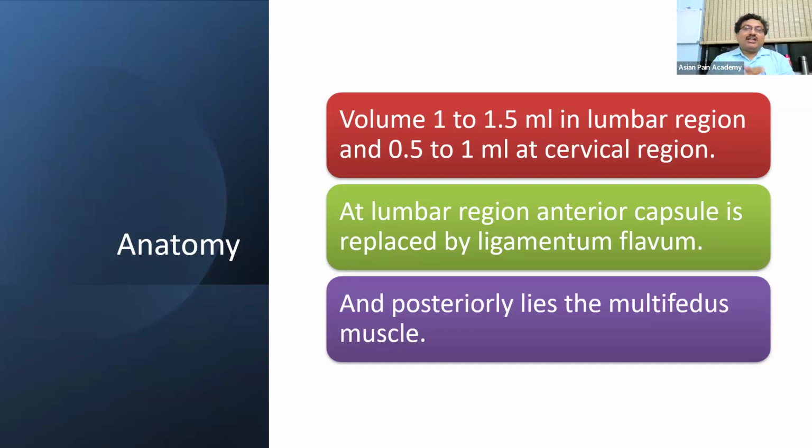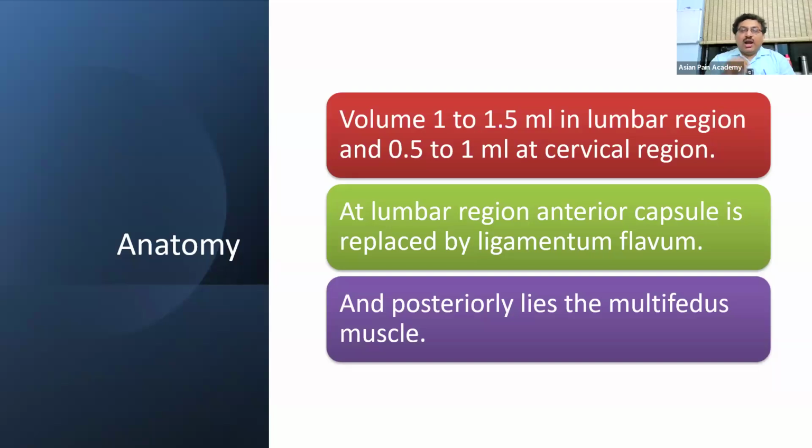In the lumbar region, especially the anterolateral part, the joint capsule is replaced by the ligamentum flavum, covering the anterior part of the joint. The significance is that if we accidentally put too much fluid inside the facet joint and it crosses the ligamentum flavum, it can cause epidural anesthesia.